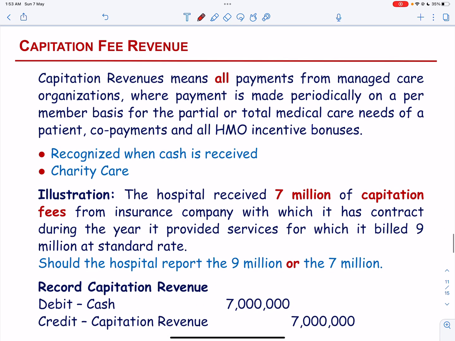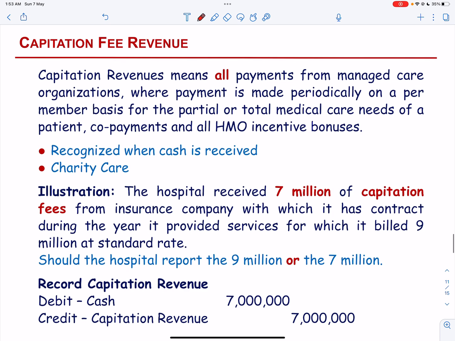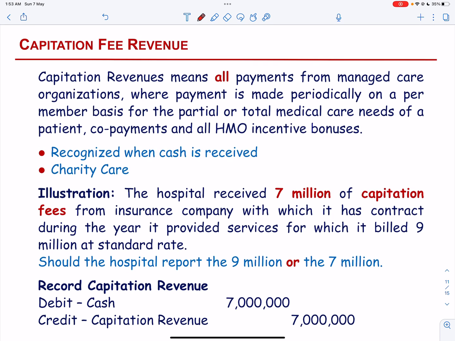Now, capitation revenue means all payments from managed care organizations, where payment is made periodically on a per member basis for a partial or total medical care needs of a patient. Payments are going to be made, and we have to look into two things.